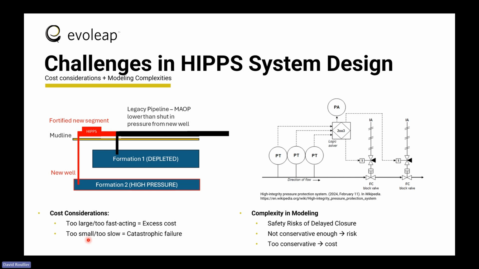In reality, you probably risk not getting your permit approved by the regulator. Okay, but these are what's competing in the cost consideration of a HIPPS. And then you really want to have an accurate model and modeling so that you can effectively size your HIPPS, which is safe enough yet not too onerous.